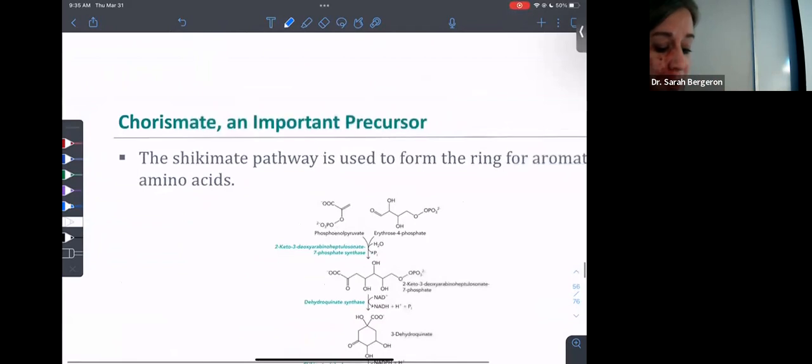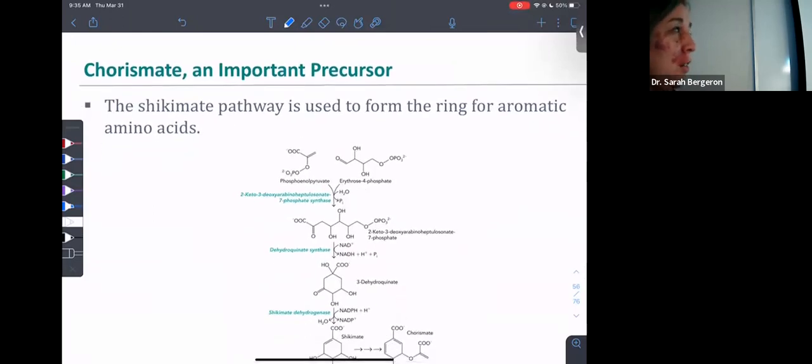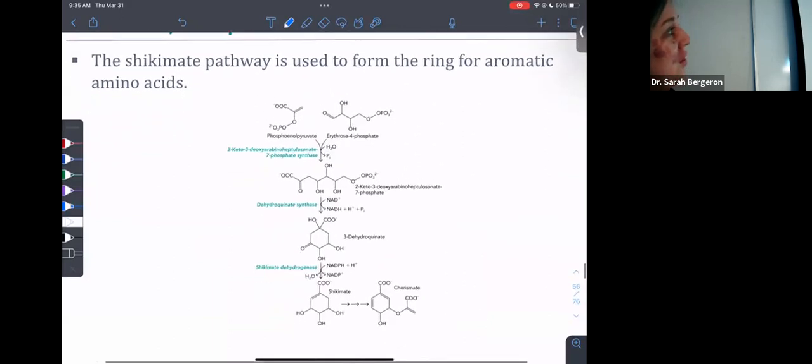All right. The chorismate pathway, I want to talk about a little bit more. Sometimes you'll hear it called the chorismate pathway, sometimes the shikimate pathway. But this is the pathway that's used for all aromatic rings. So are we going to make aromatic rings? No, we are not. Too much energy, right? In this kind of reaction, you have to make something relatively long to make a ring.